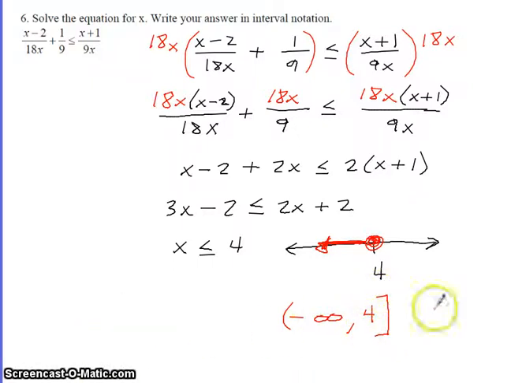The bracket means include, a parenthesis means not including. Parentheses are always used with the infinity sign, and things are always read from the smallest to the largest, going left to right.